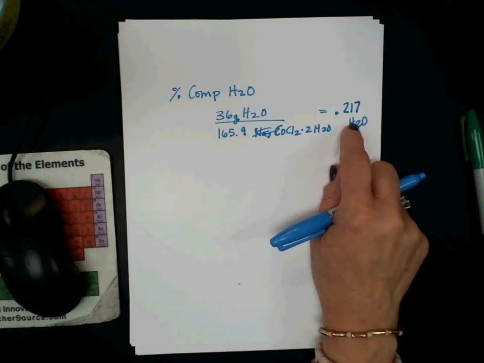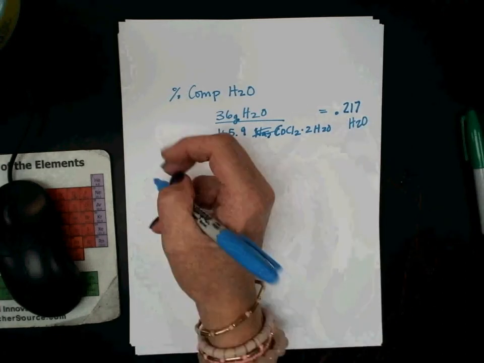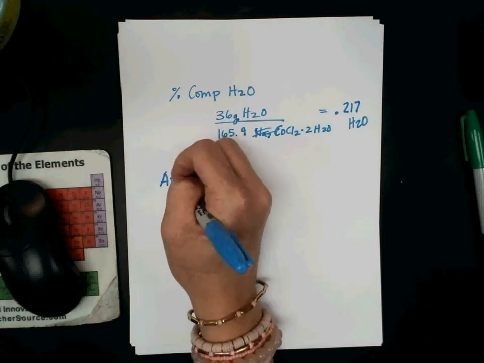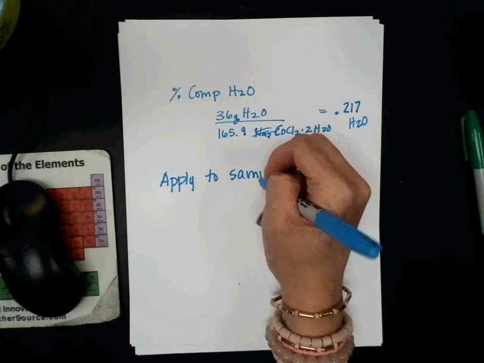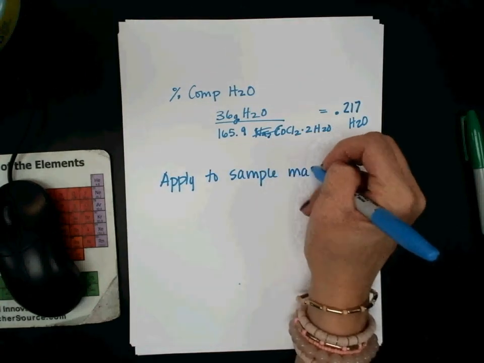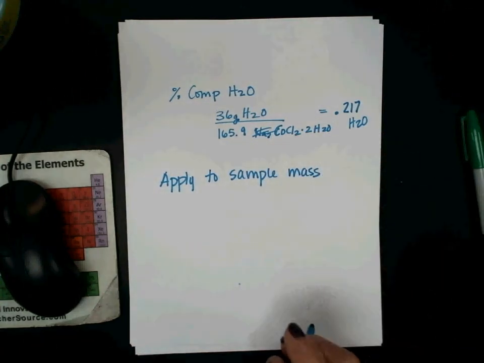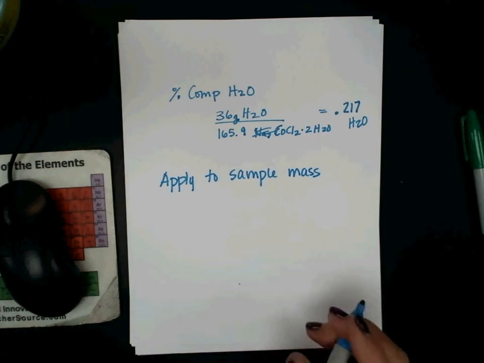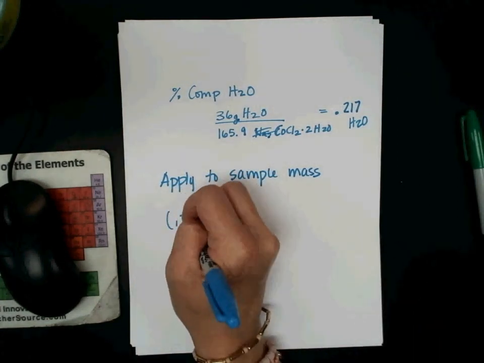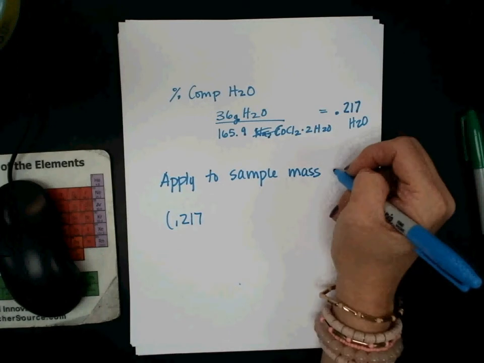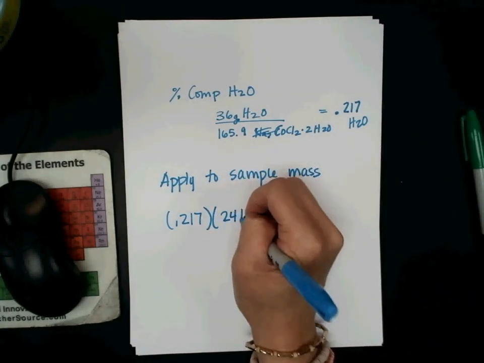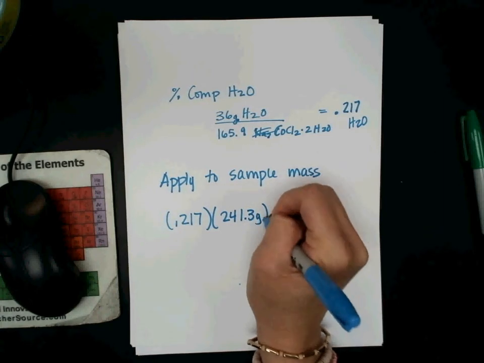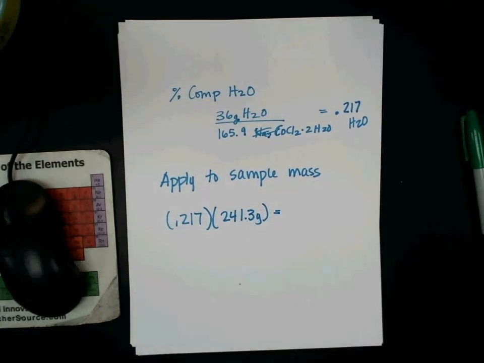Mm-hmm. So now that I know what percent of the whole is water, I can apply that to the sample mass because I was given the mass of the sample. Yes? Yes. So I take my 0.217 times 241.3. Yes. And let's see what that is.